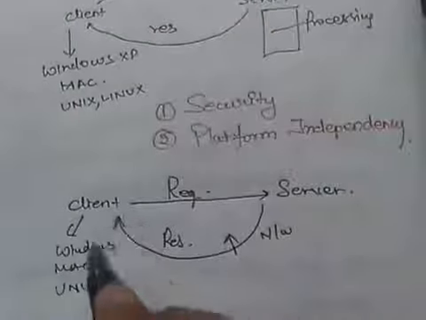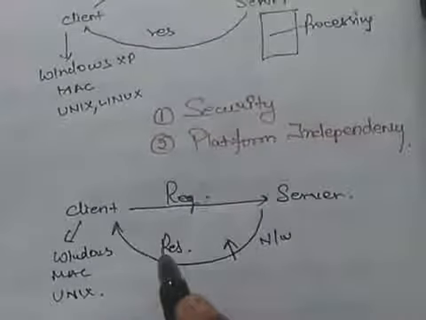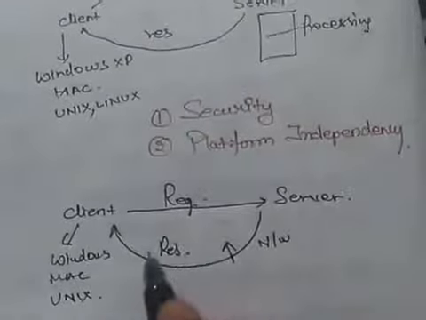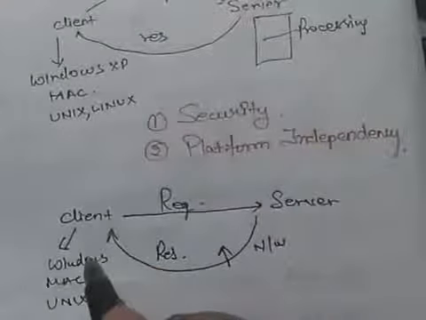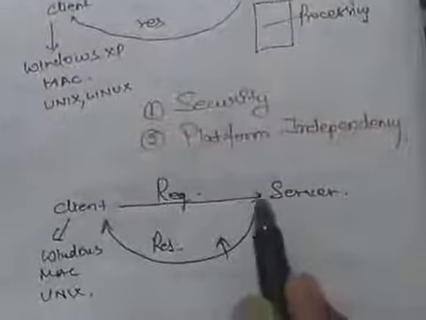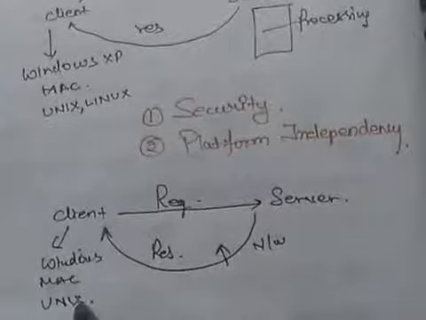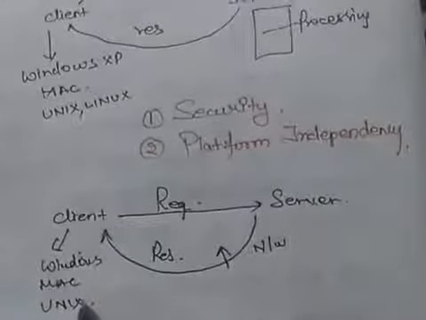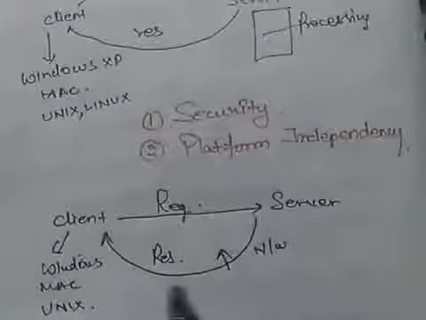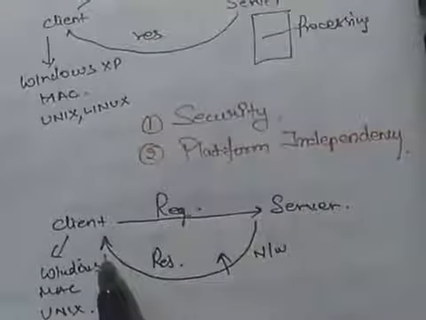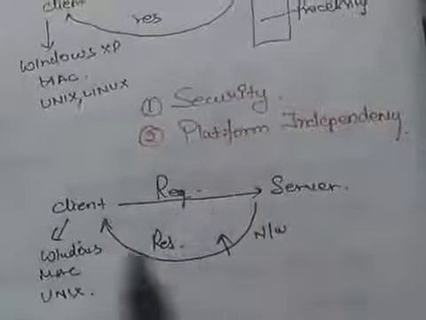If it recognizes the machine, the response has to be sent back in that format. For example, if a request goes from a Windows operating system, then the response will be according to Windows. If a request goes from Unix, then the response will be sent back accordingly. So this is platform dependent behavior.